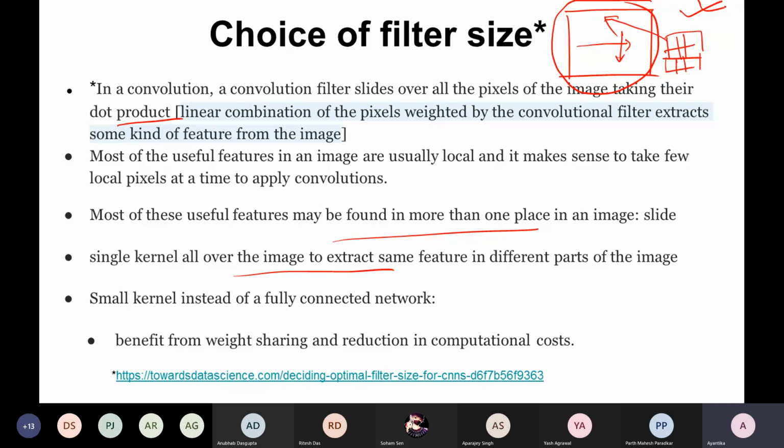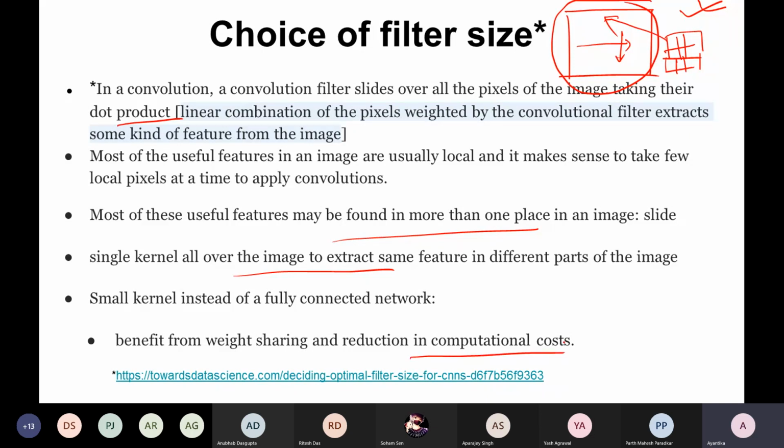Multiplying with 3 cross 3 versus 4 cross 4 filters, the number of multiplications increases. So the basic idea is that if you use small filters, you save in terms of computations. You benefit from weight sharing and reduction in computational cost.